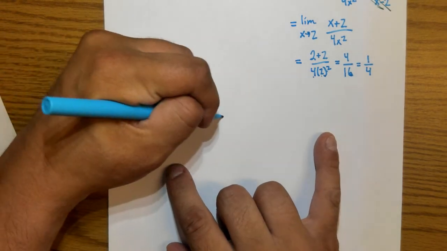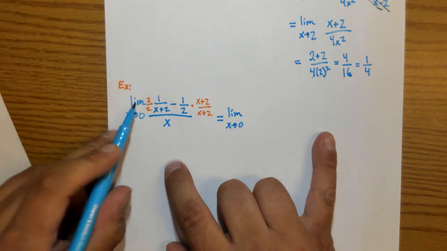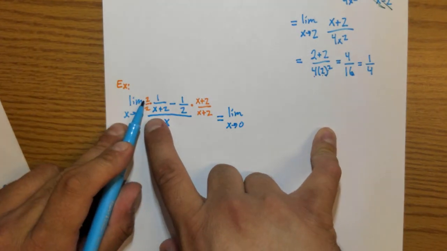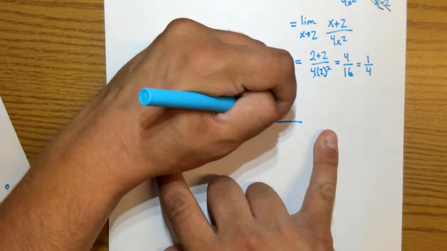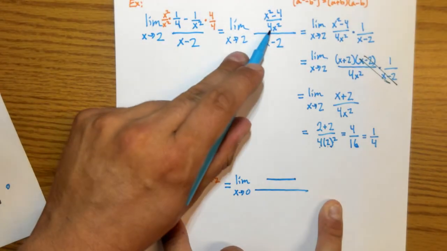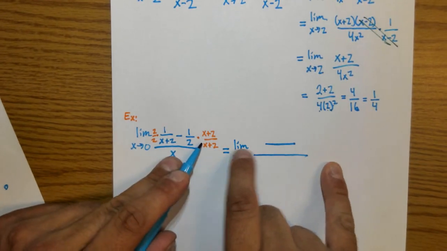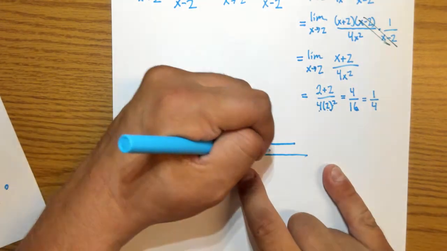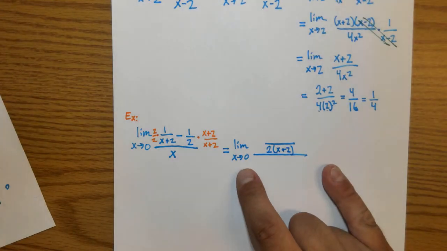And that's going to give us the limit as x approaches 0. Is it safe to say, just how we made the shortcuts up here, that if we're going to have 2 times x plus 2 and 2 times x plus 2, we're going to have a common denominator now of 2 times x plus 2, just like that.